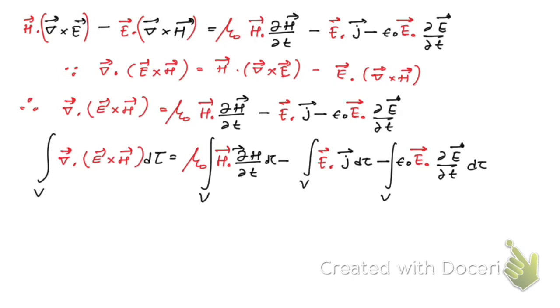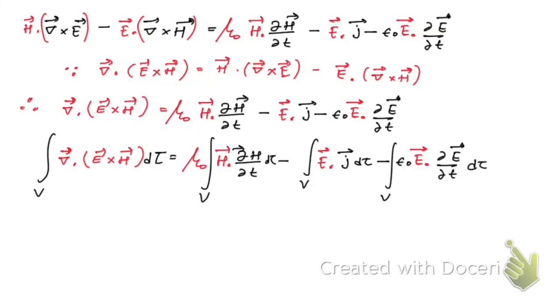Now what we are going to do in this case: you see H dot H is going to be H square. Let me explain here. H dot H you can write as H square.